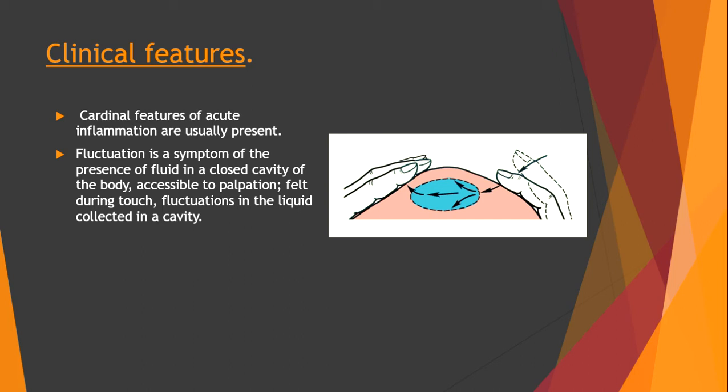Fluctuation is a symptom of the presence of fluid in a closed cavity of the body, accessible to palpation, felt during touch. Fluctuation of the liquid collected in the cavity. As you see on this picture, with one hand we touch and push slightly the contents of the abscess cavity, and we must feel with the other hand the contents of the abscess touching our hand.